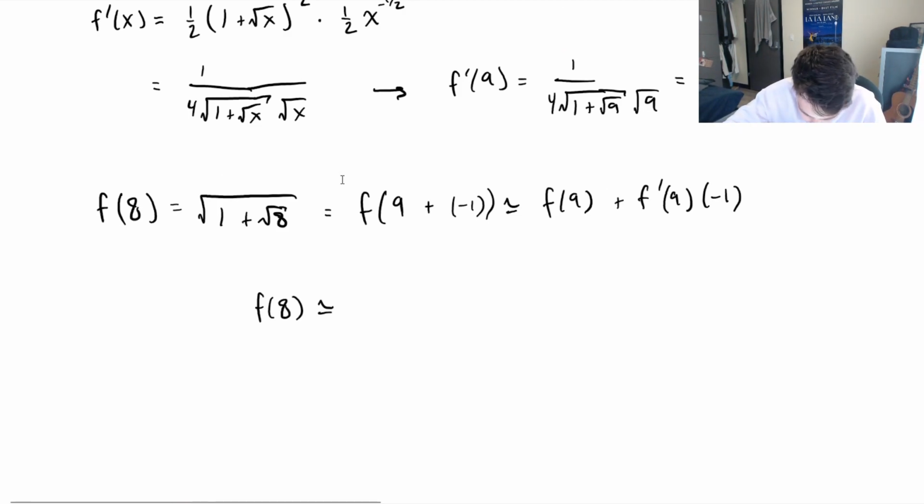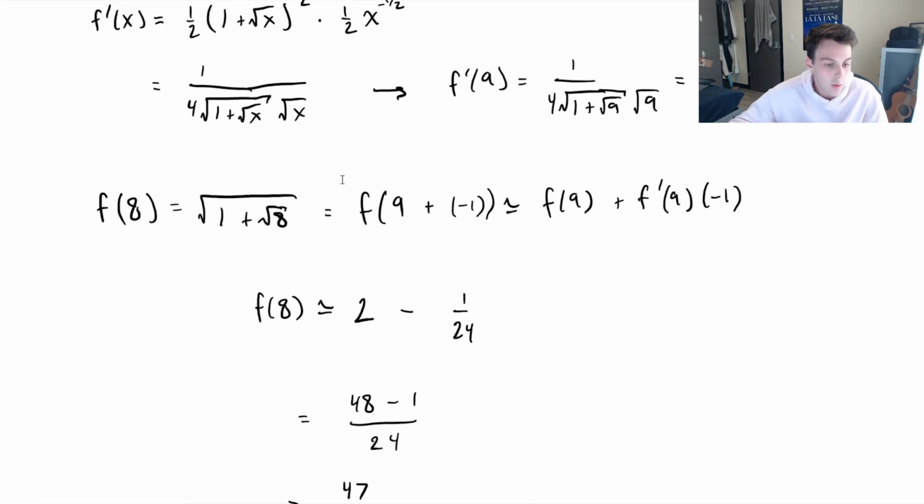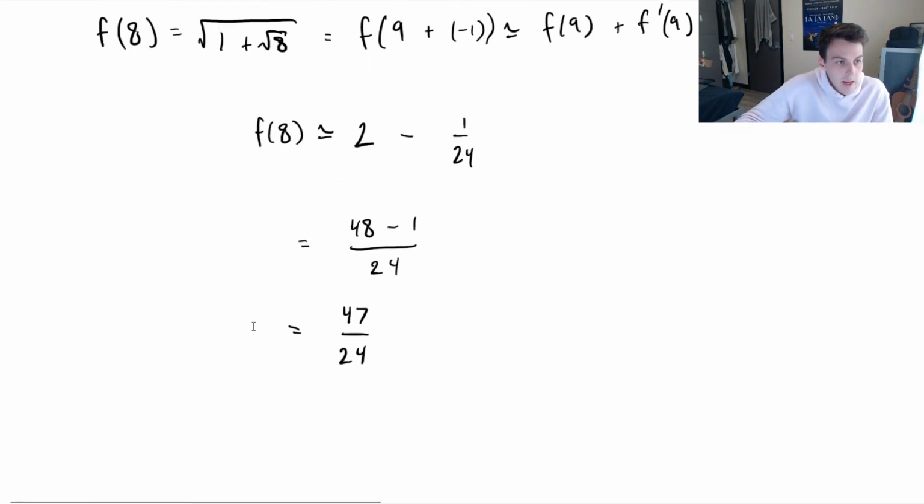Okay, this is 2, and this is minus f prime of 9, which is 1 over 24, and this is going to be 48 minus 1 over 24, just rationalizing this, and we're left with 47 over 24. Great. And this is us showing the results.